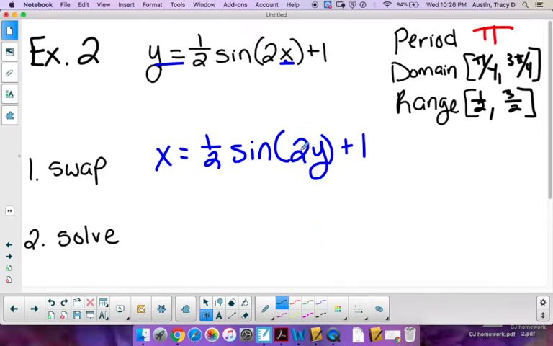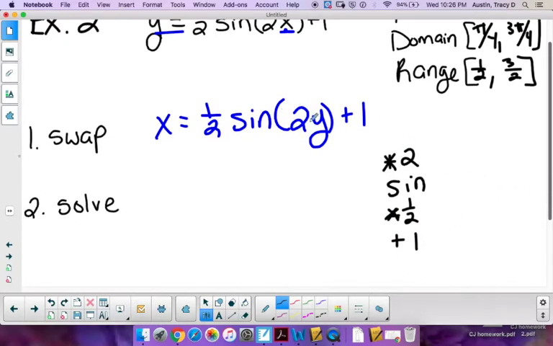Well, in this case, starting from inside where the y is, I've multiplied it by 2, 2y, then took the sine of it, then multiplied it by a half, so we're going to have to divide twice on this one, and then I added 1. Again, order of operations: 2y, the sine of 2y, 1/2 times the sine of 2y, plus 1. You have to think about what's been done to the y first and work your way out.